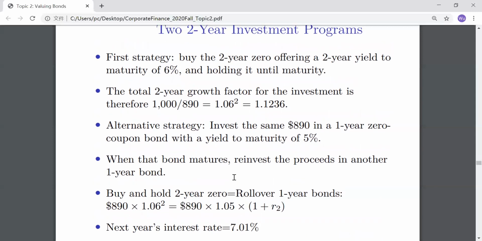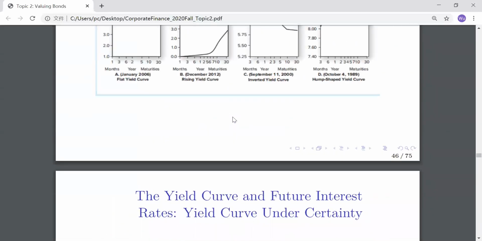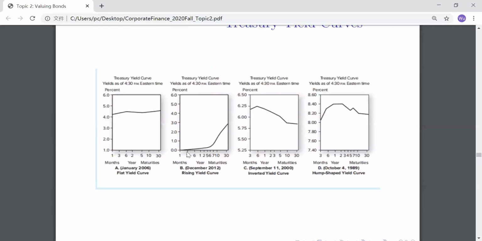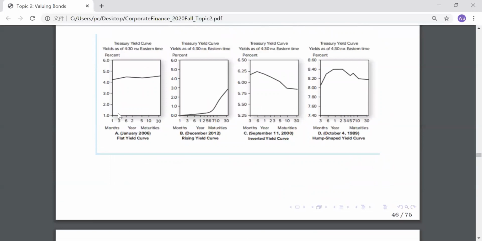Now you can see why, if there's an upward sloping yield curve, the future interest rate is going to increase. Let me look at it this way. This is a little bit upward sloping here. When the maturity is 2 years, this is the 2-year yield, which in our case is 6%.